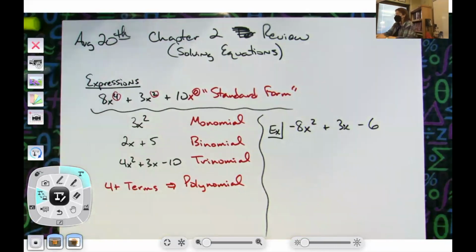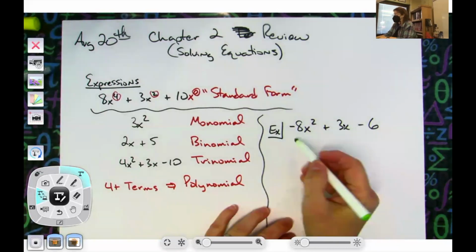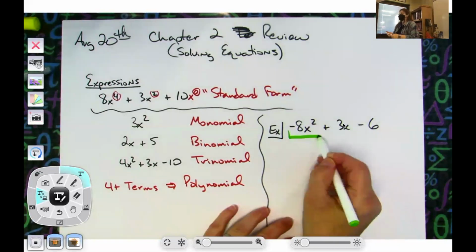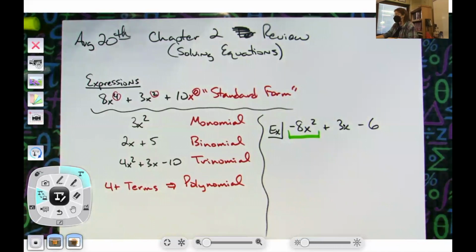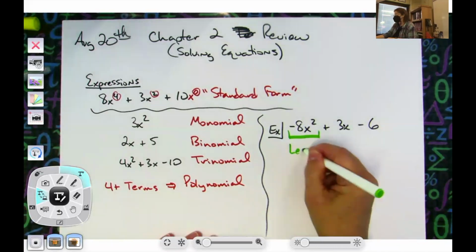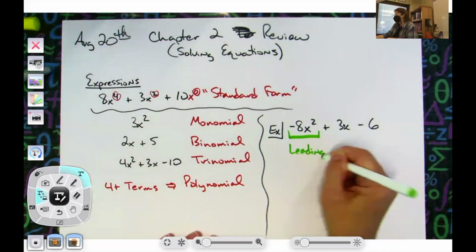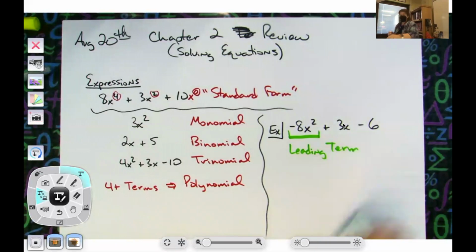Now if it's in standard form, this first term is called the leading term. That might be a brand new vocabulary word. That first term, if it's in standard form, is the leading term. In that leading term, I can determine two things about that trinomial.